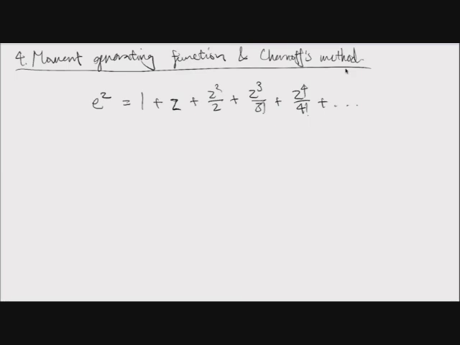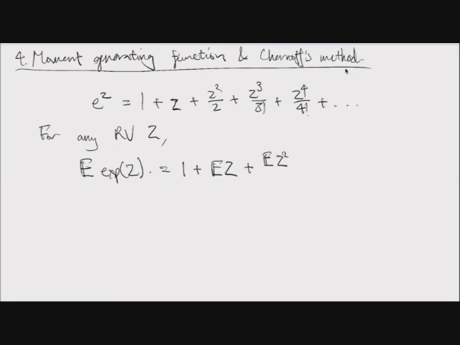And so if z is a random variable, and we take the exponential of z and then take the expectation of it, then you might expect to get the same Taylor expansion, but replacing each of the terms z to the n with the expectation of z to the n.